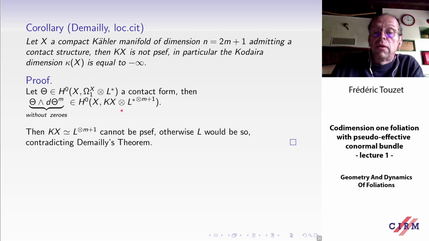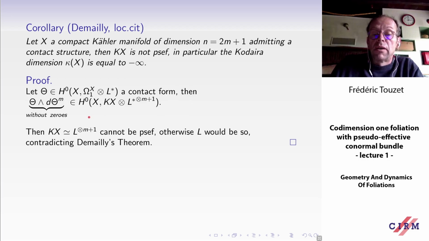So a twisted form of top degree, which is nowhere vanishing. So that exactly means that the canonical bundle of the manifold can be identified with L to the power n plus 1.